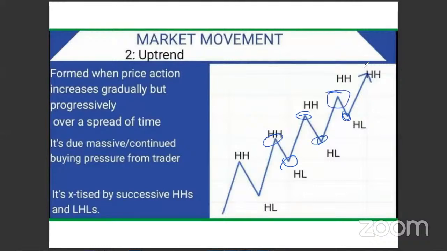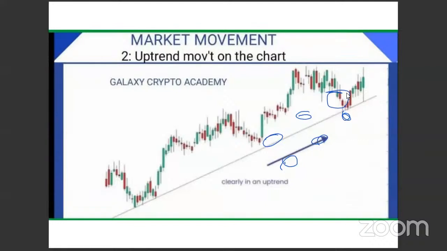So let's go to the chart and look at an uptrend. But before we go to the chart, to look at an uptrend, we can see that when you draw a straight line below those candles, the candles are forming above your line.